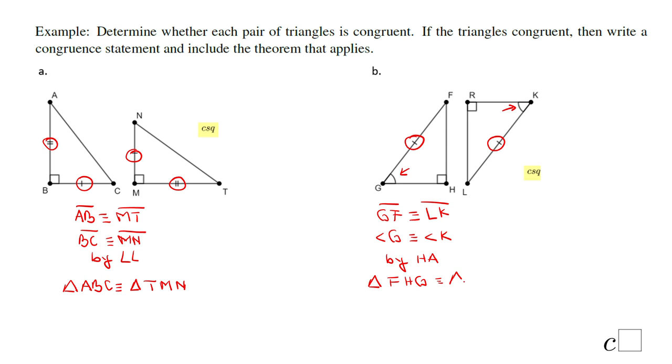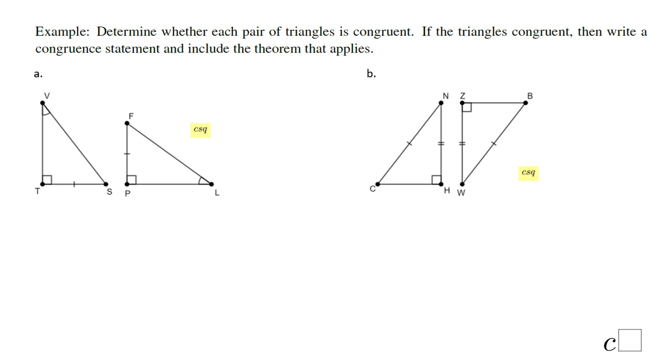For the second one you have to be very careful and write the corresponding letters. The corresponding letter for F will be L, for H is the easy part, R, and obviously for G is going to be the last one, K. Okay, so triangle FHG is congruent to triangle LRK.